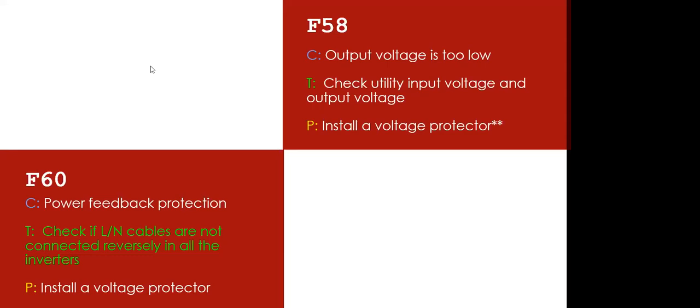So another one that we need to check is F86. The F86 usually comes up when maybe we set one inverter to be 230 and another one to be 220 on the output. So this will be AC output mode setting is different.